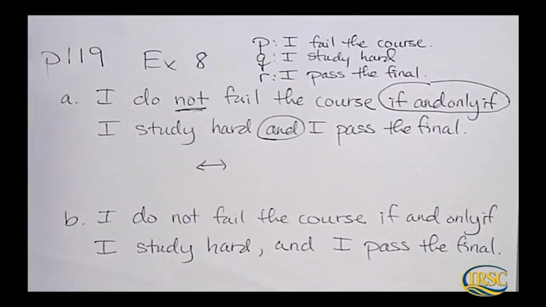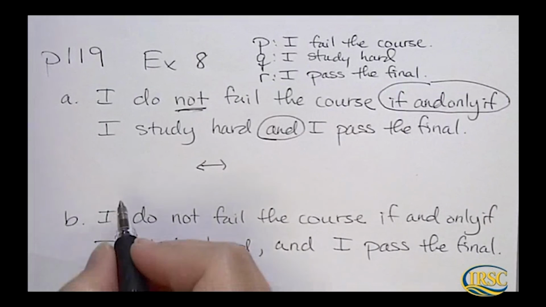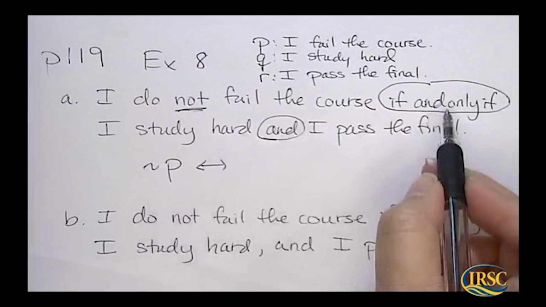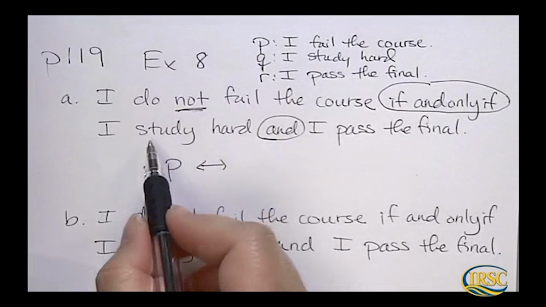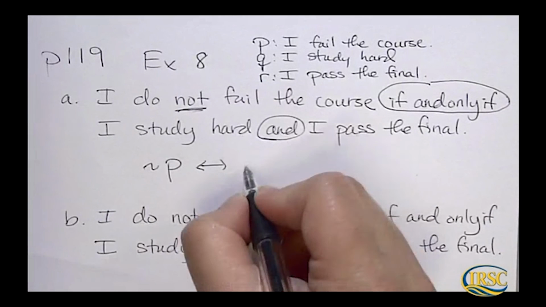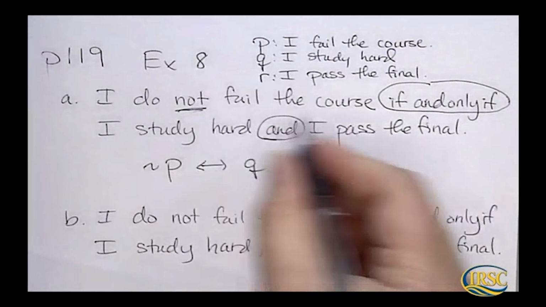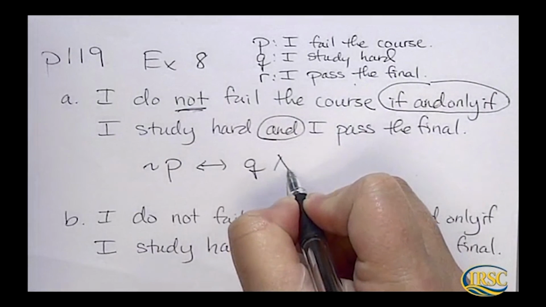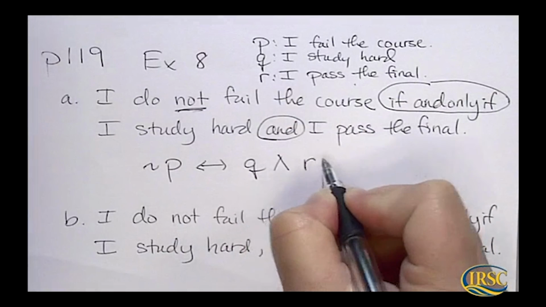What do I have to write down? Okay, negation of P. So not P. If and only if. And then after that's going to come this statement. The next simple statement is I study hard, so that's Q. Because and, we don't have to worry about the order either, so I'm just going to write it as I see it. And then last would be R.